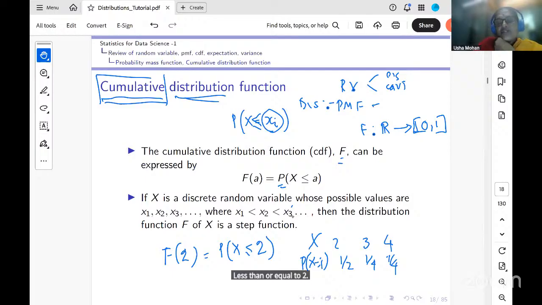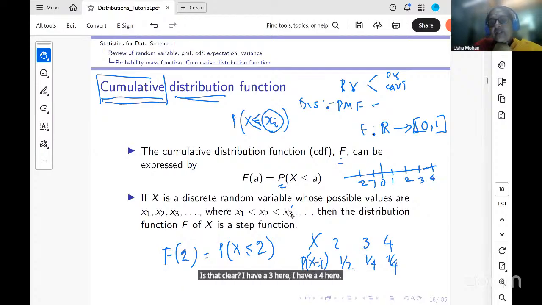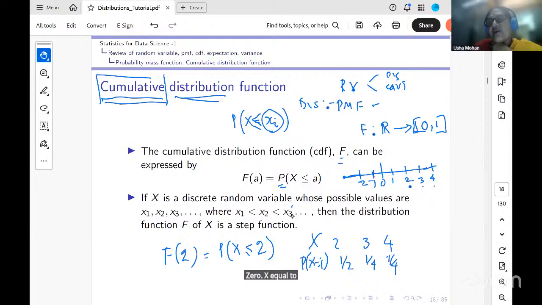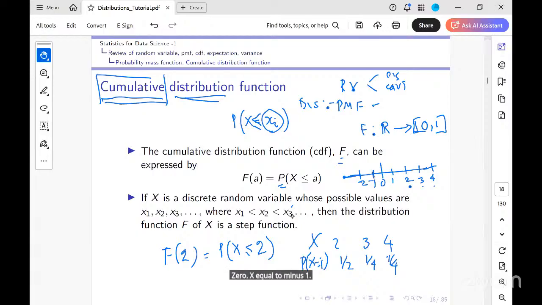Okay. So if I look at the entire real line, this is 0, this is -1, this is -2. I have a 1, I have a 2 here. Is that clear? I have a 3 here, I have a 4 here. The value of X, 2 is less than 3, is less than 4. What is the probability of X equal to -2? 0. X equal to -1? 0.